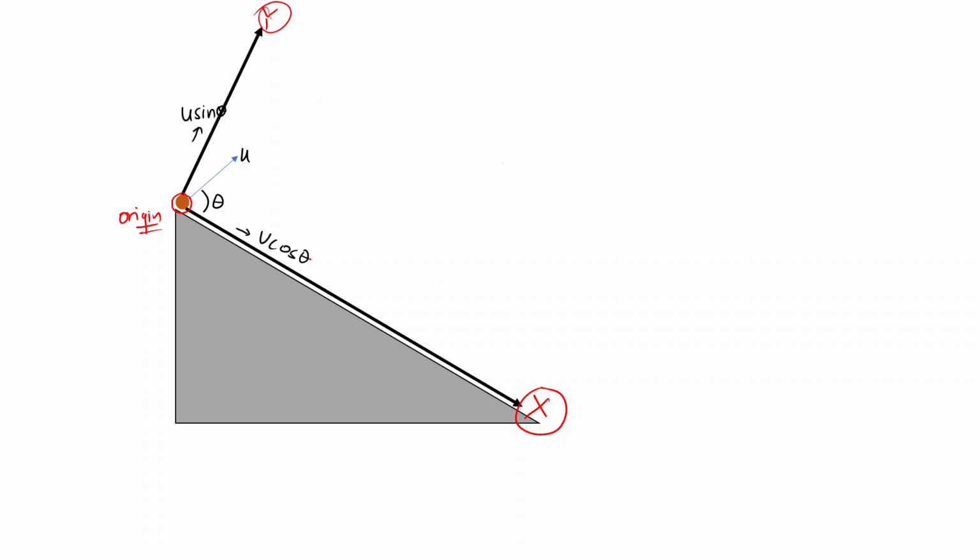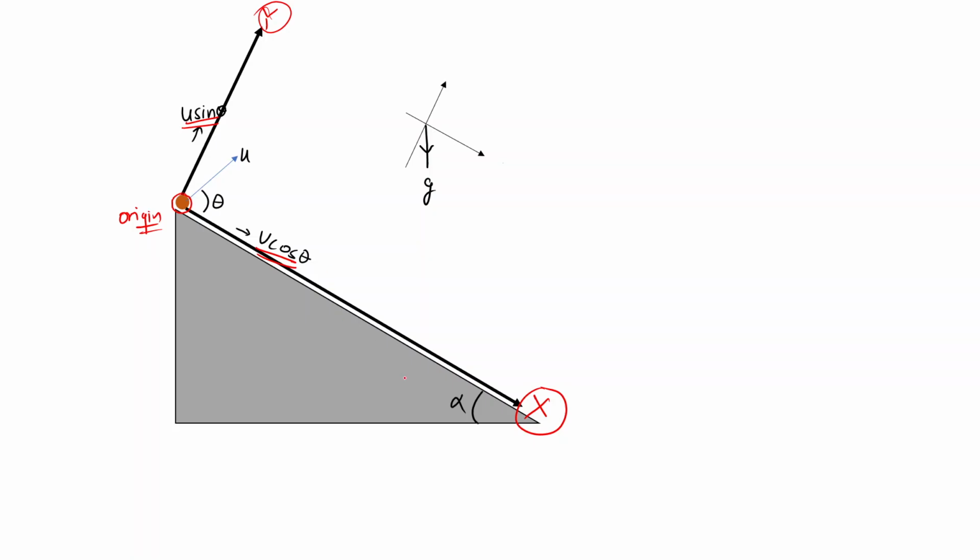Then I will resolve the velocity like this: u cos theta along the incline and u sin theta perpendicular to the incline. I will also take the acceleration, which is actually downwards, but because we are taking the x and y axes like this, I will have to take the components.